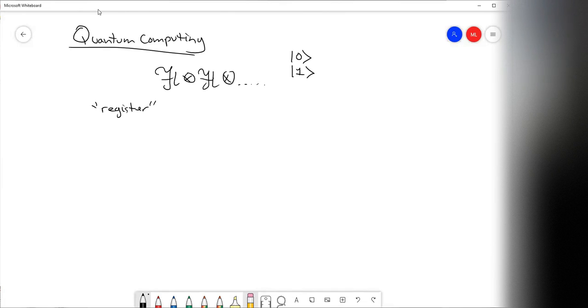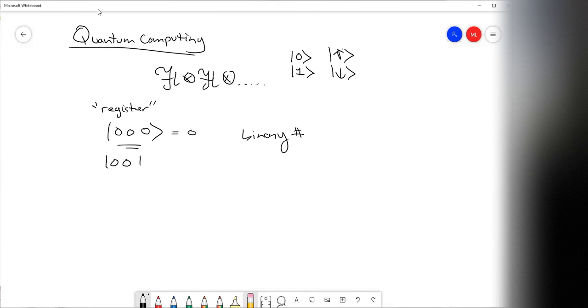So it's still a Hilbert space, two basis vectors, and we're just going to call them 0 or 1. A register you can think about as a set of some number of qubits. And if you have something like this, we can interpret this as a number in binary.